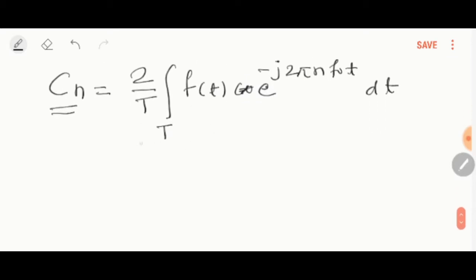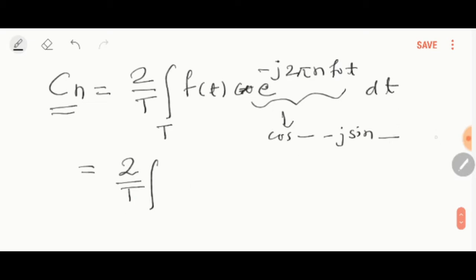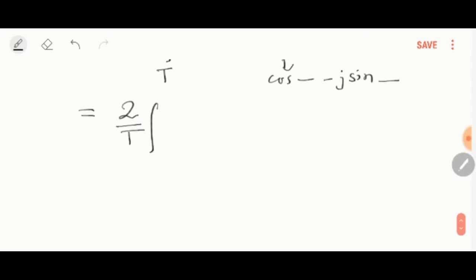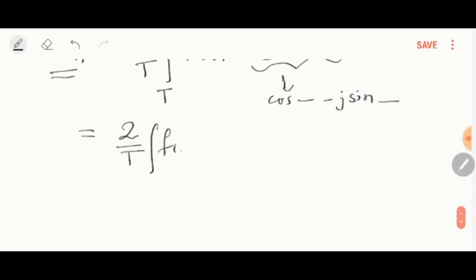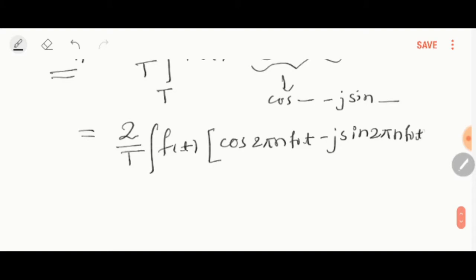Now if you observe, this term can be written as cos something minus j sin something, with 2 pi n f naught t. So let us write this integration: 2 over T f(t) into cos 2 pi n f naught t minus j sin 2 pi n f naught t, of course dt.